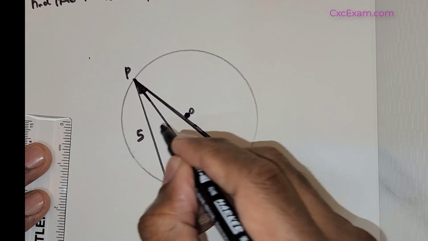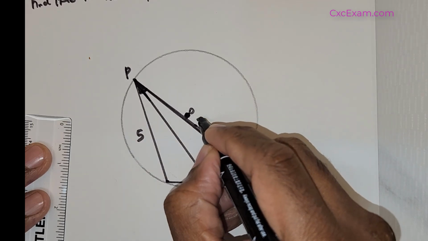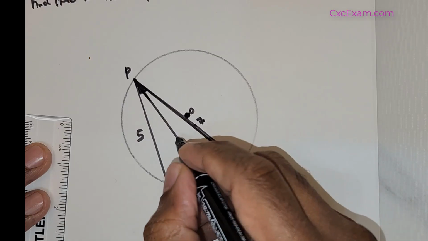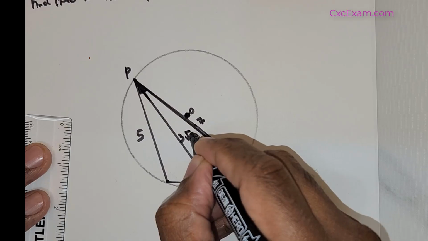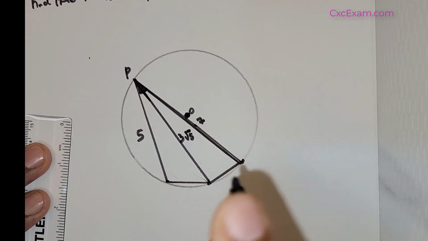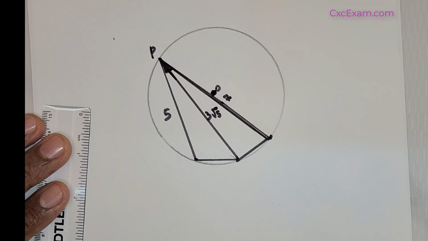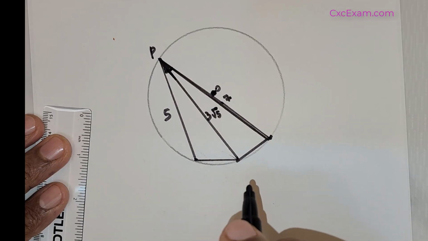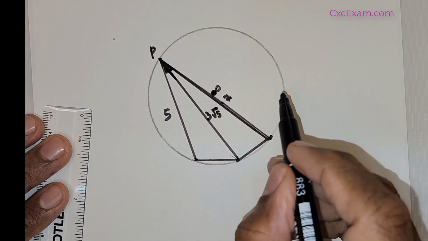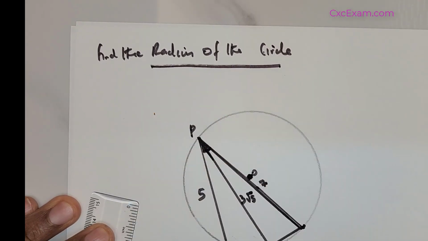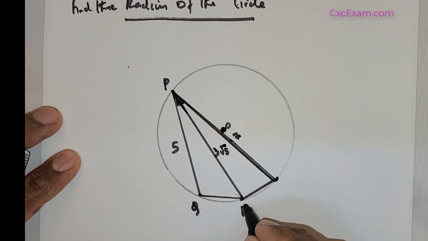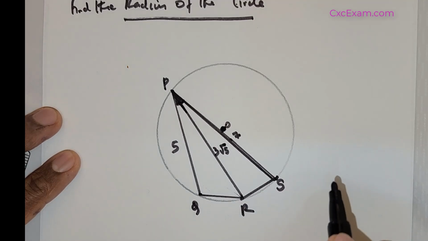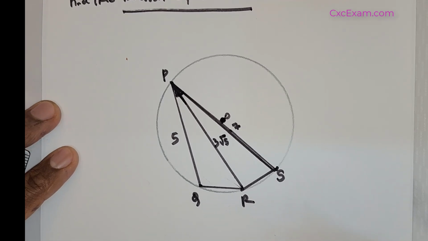Now this length is 5 units, this length is 7 units, and this length is 3 times root of 5 units. So with all this information we are expected to find the radius of the circle. Okay, so let me name these points as Q, R and S.